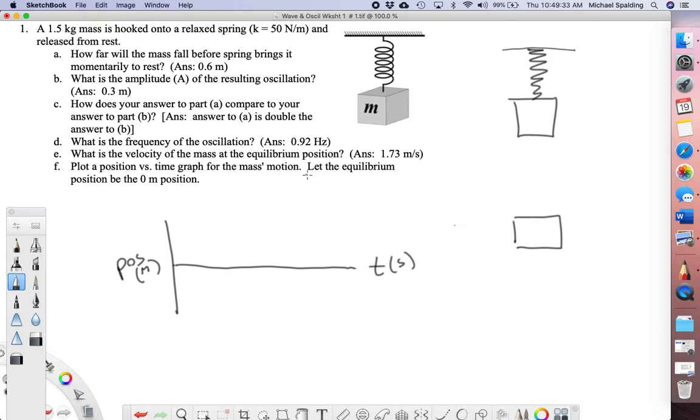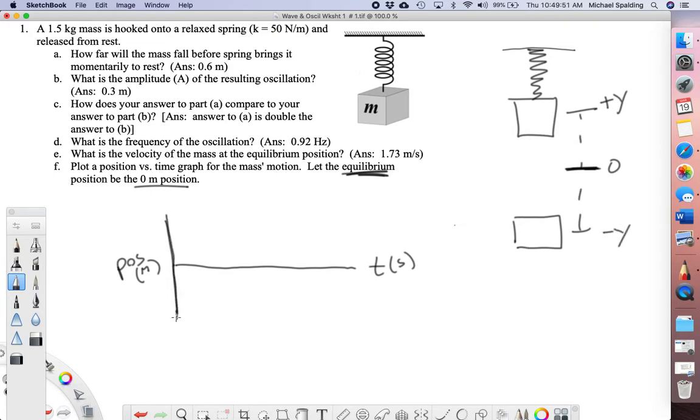And it says here, let the equilibrium be the 0. So the equilibrium is right in the middle. This is going to be our 0 meter position, and then this is going to be some positive, let's call this positive y, and then this will be negative y.